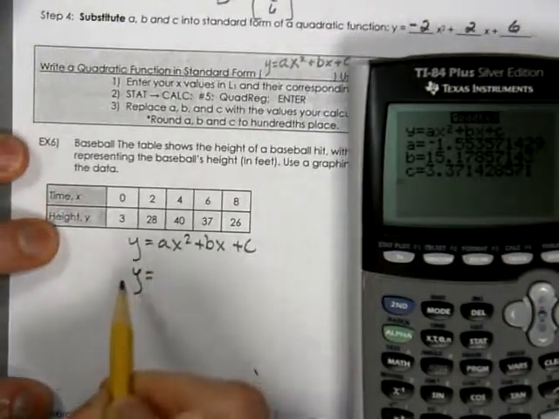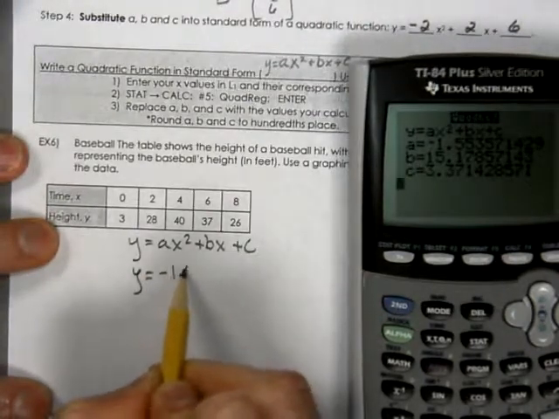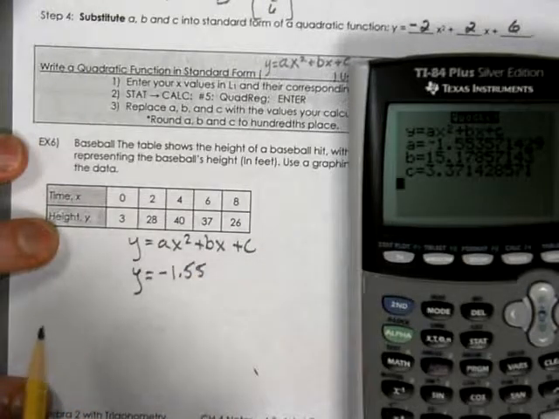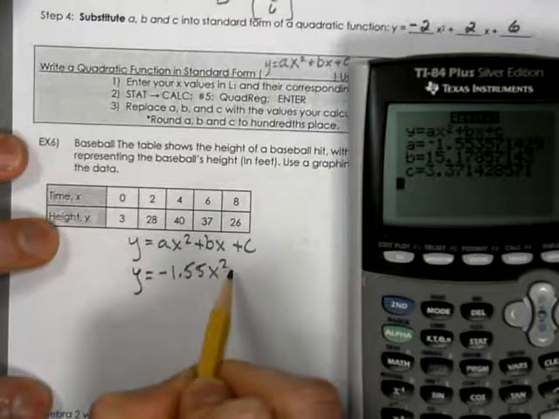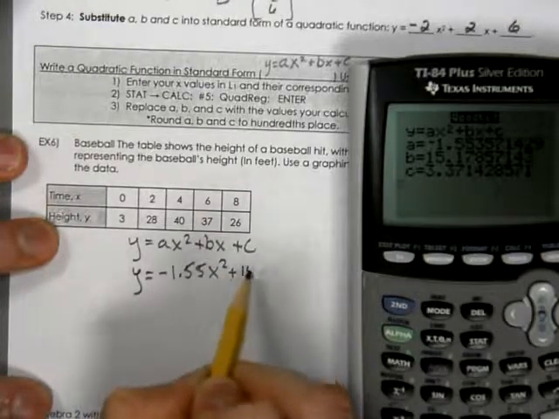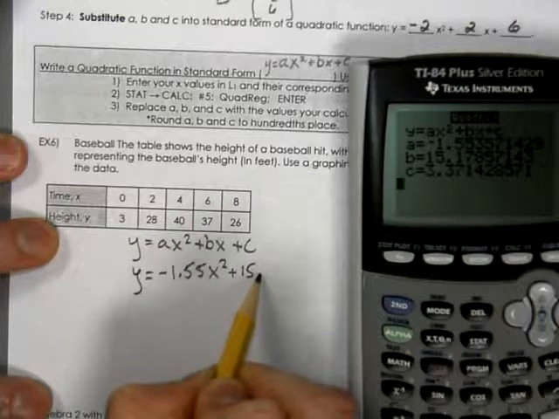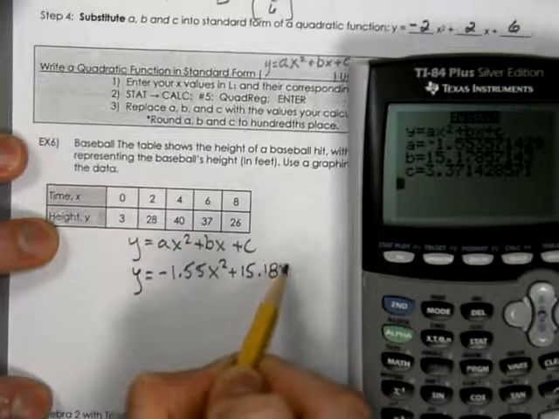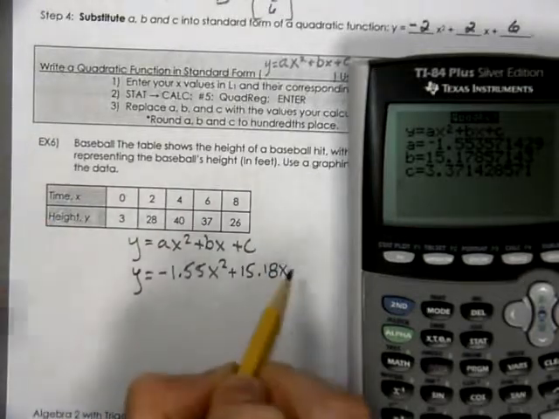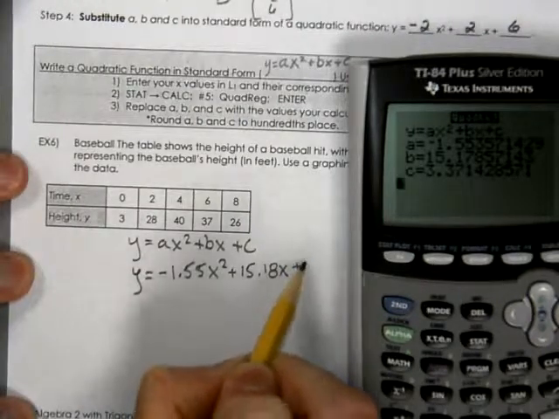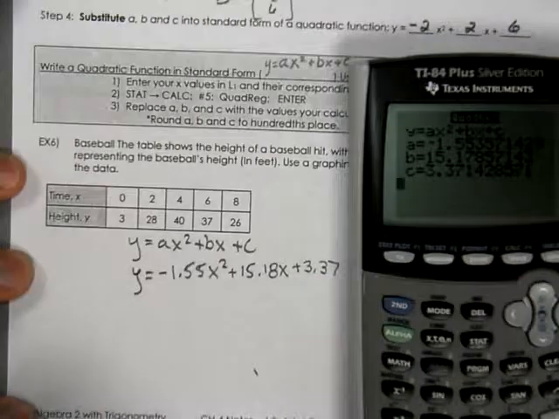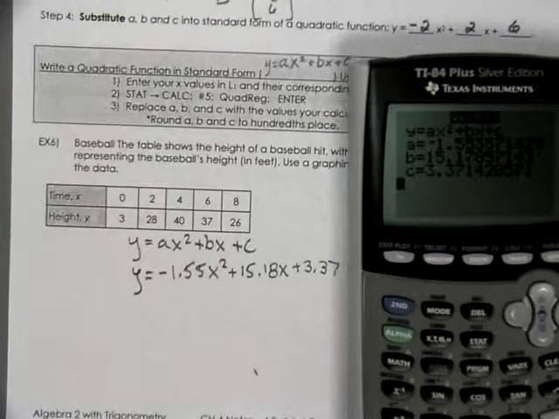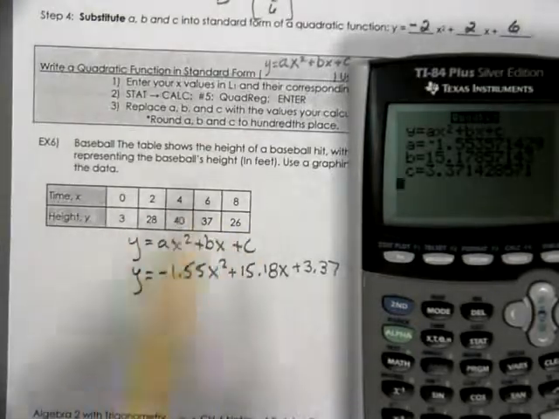So our equation is negative 1.55x squared plus 15.18x plus 3.37. That's the quadratic equation that would best fit all of these points.